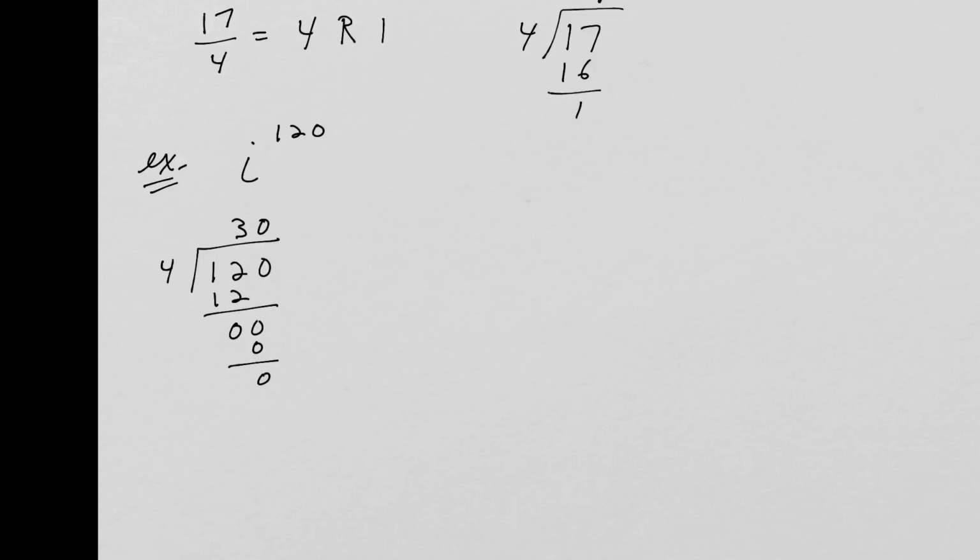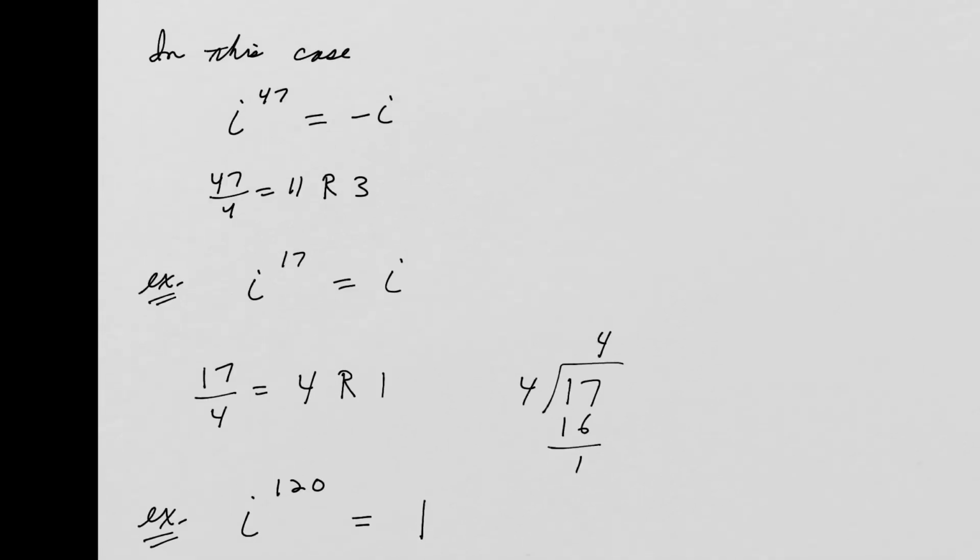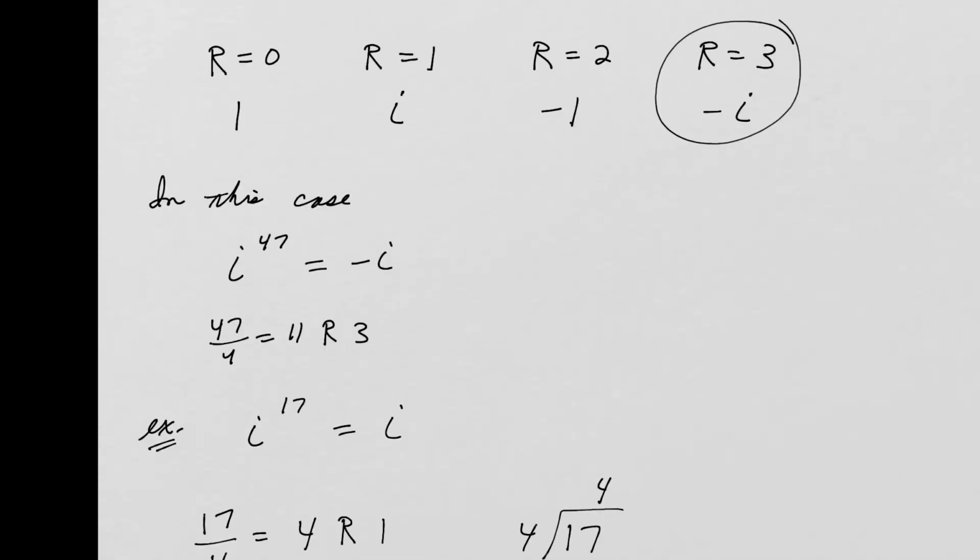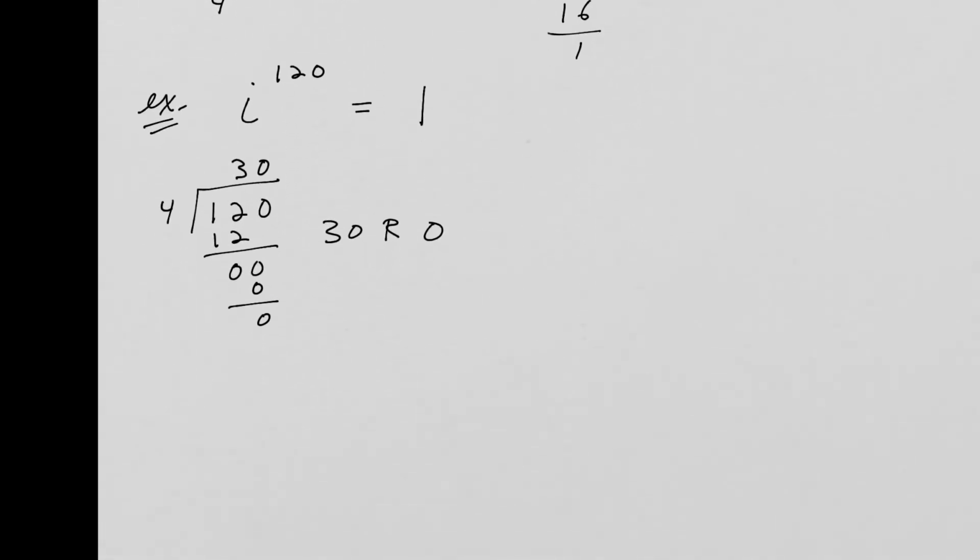And my remainder is 0, right? It's 30 with a remainder of 0. So what must i to the 120 be? It must equal 1. How do I know that? Because if the remainder is 0, I know that my answer has to be that first answer, 1. Okay, so that's the quick way of doing it. Divide by 4 and just look at the remainder. That will tell you the answer.